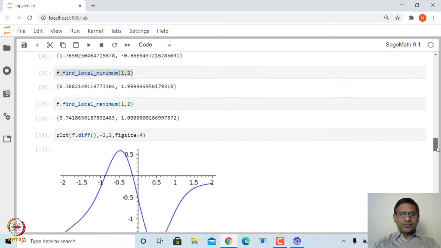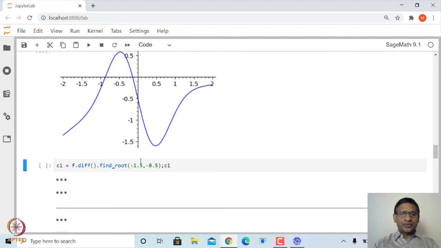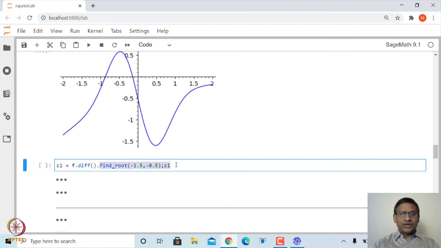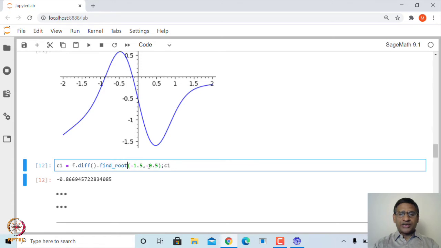Now, if you try to find the derivative of f and then equate it to 0, in this case you have to use find root to find the numerical root.